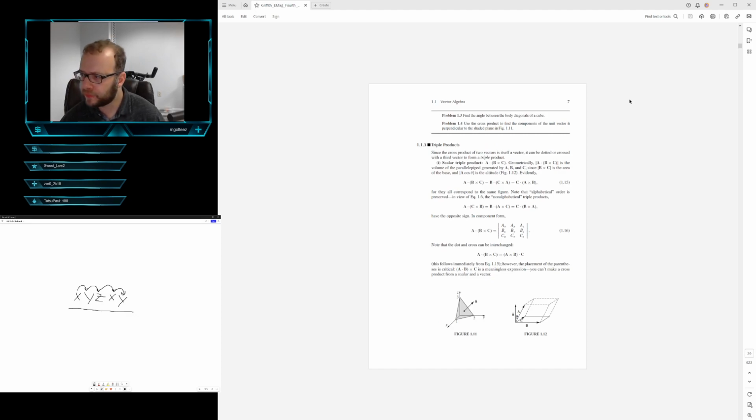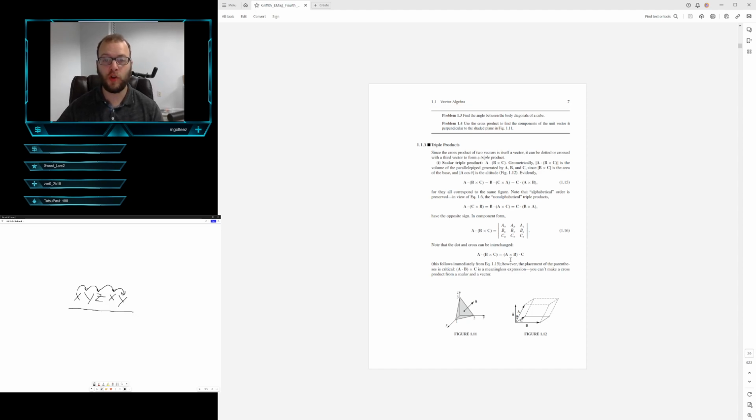So, let's move on to, those were our 3 definitions of products of vectors. We had the scalar product, the dot product, and the vector product. Sorry, the cross product. Now we can have triple products. So we can have 2 of those. We can dot a vector into 2 crossed vectors, and we can cross all 3 vectors.